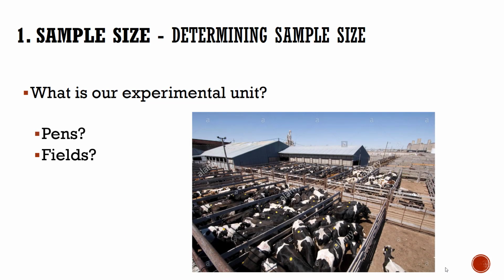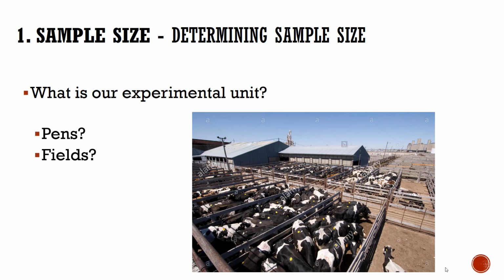All right, so if we are dealing with pens of animals as our experimental unit, the reason we might be doing that is because the pen is the smallest unit that a treatment could be applied to.